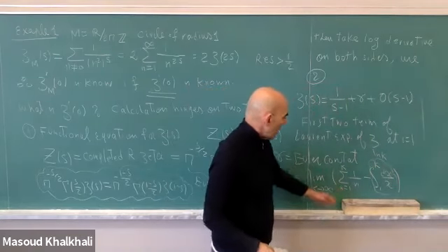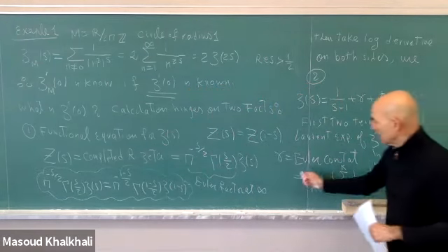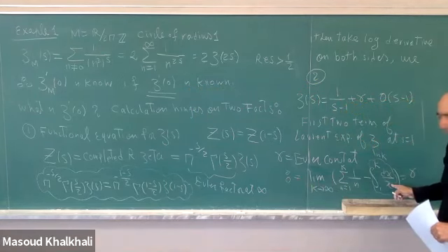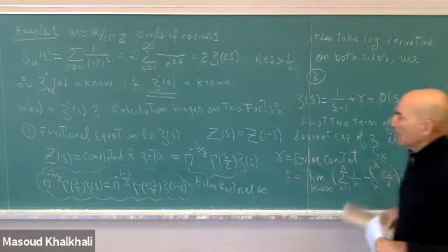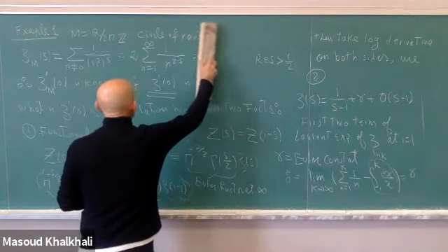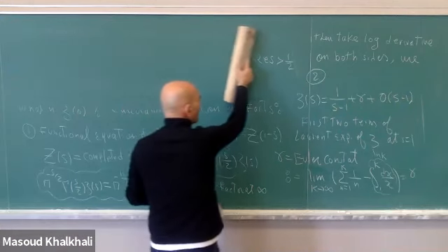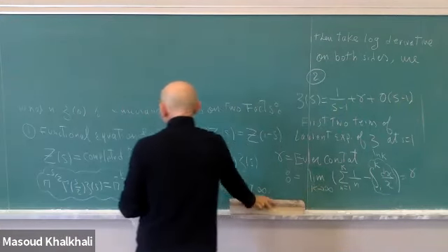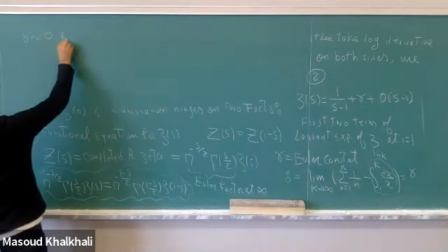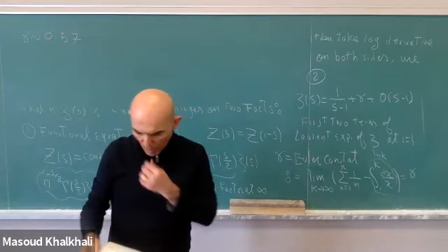So basically this is equal to gamma. This is Euler's famous constant, gamma. This gamma has been calculated by Euler and others. I think it is near 0.57 or so.